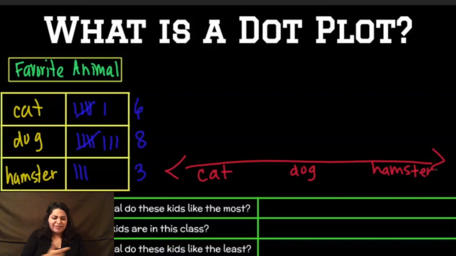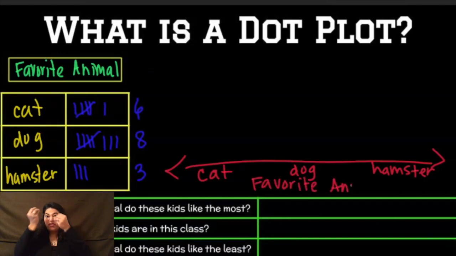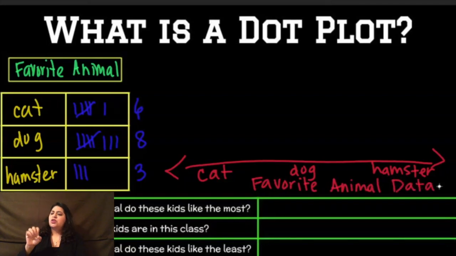And now all of these animals refer to favorite animal data. We could also say, Miss Olvera's class data, or our family's favorite animal, or whoever we're talking about, right?